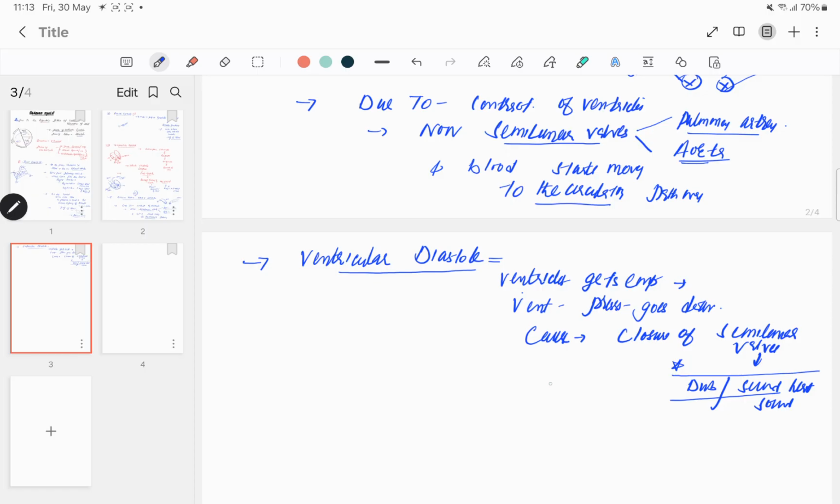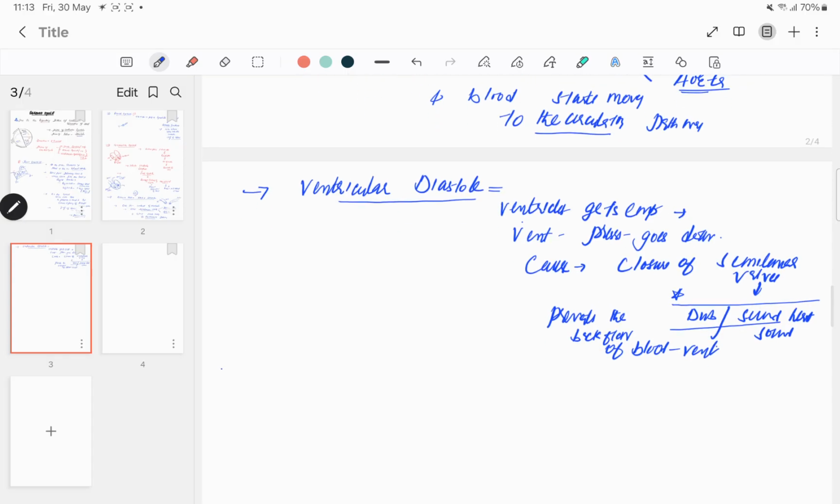The closure prevents backflow of blood into the ventricles. Now again the ventricles are in diastole, the auricles are also in diastole. Now again it is joint diastole, and the cycle will repeat from its initial stage, that is termed the cardiac cycle.